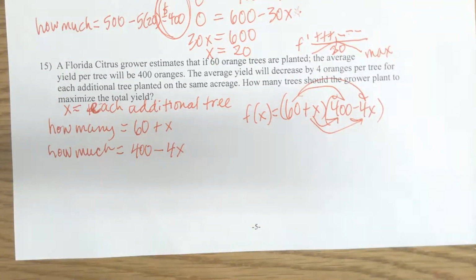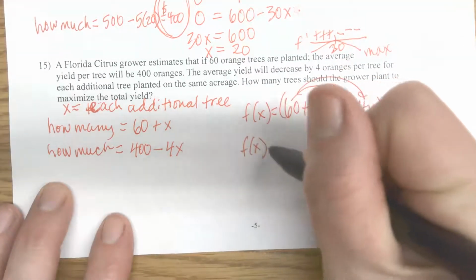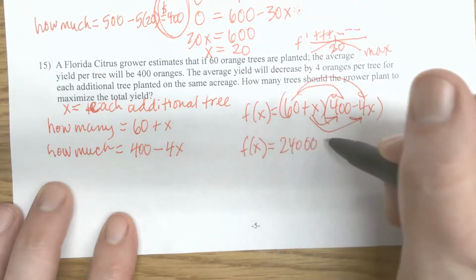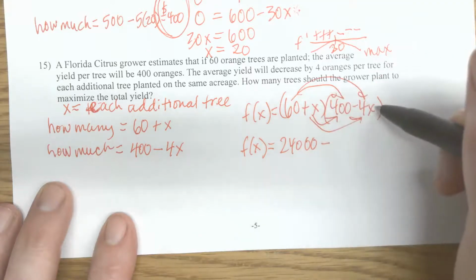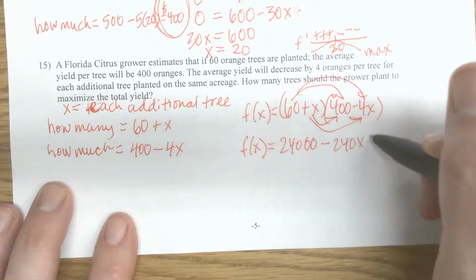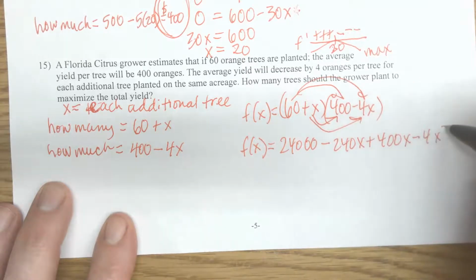I just want to show you there are options out there. There's not one exact way you have to do it. So this is 24000 minus 240 plus 400 minus 4x squared.